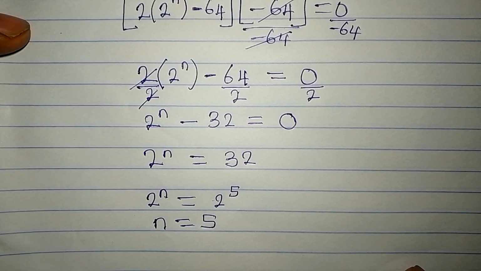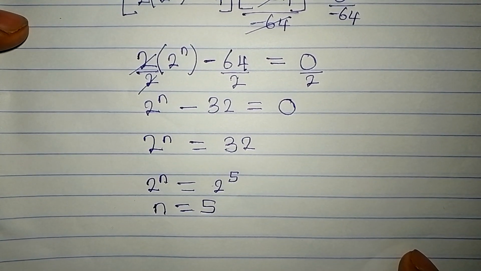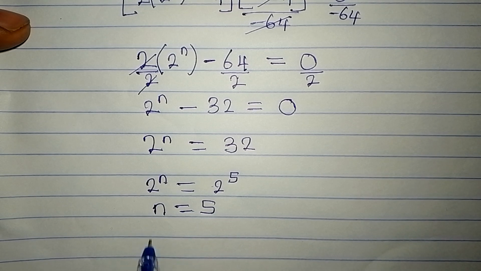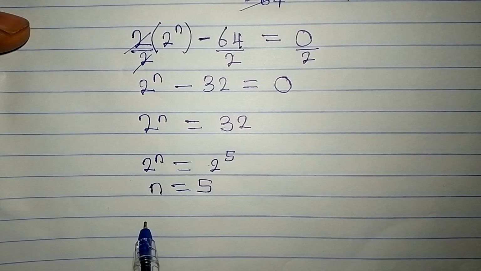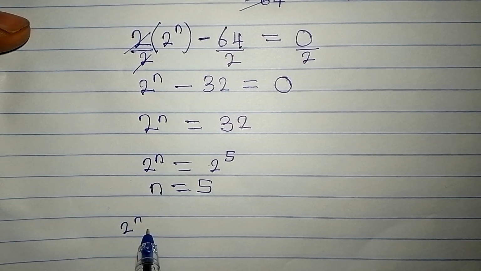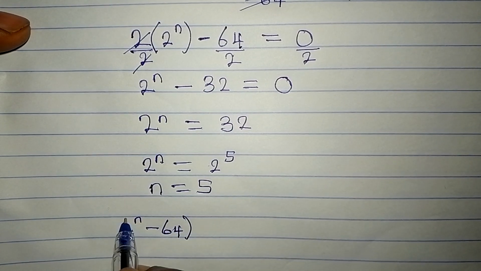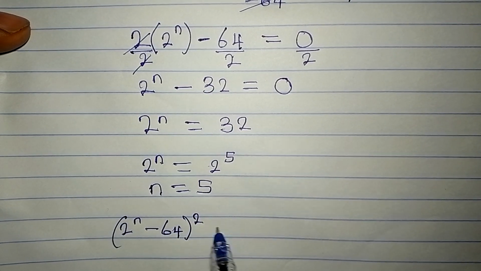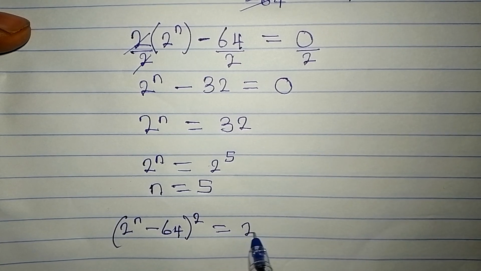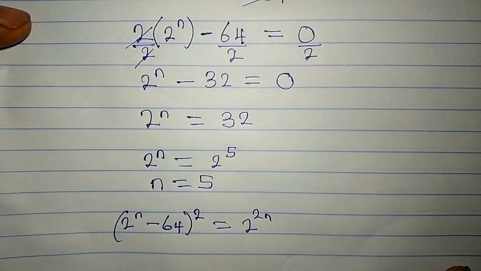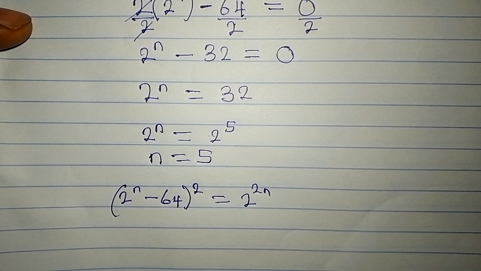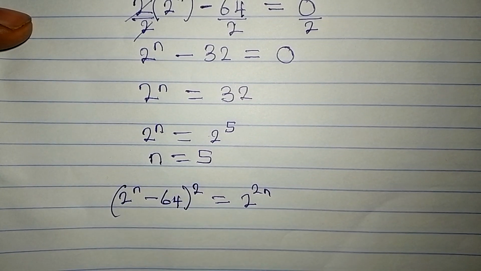Remember, we always confirm our solution. The equation is (2^n - 64)^2 equal to 2^(2n). Now I want to put in the value of n, which is 5.